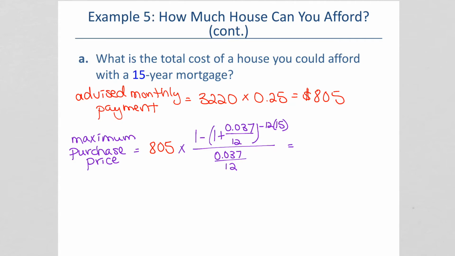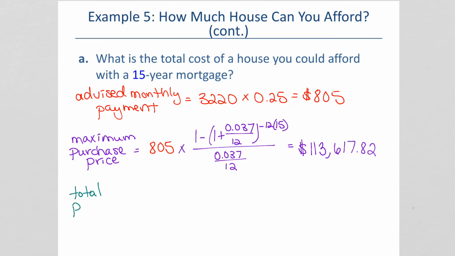So go through the same process that we've done on other problems. And so he or she could buy a house for $113,617.82, except you have a down payment.